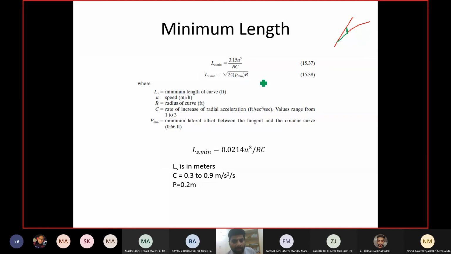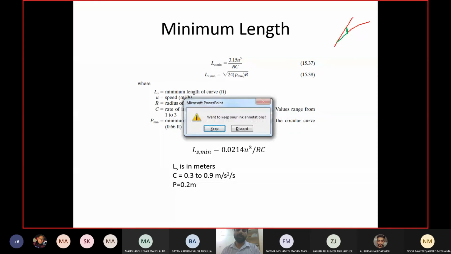Whenever you have two minimum criteria, you will pick the highest value to satisfy both of them. If you pick 100, you will not satisfy the other criterion, which requires a 150 meter length. So you pick 150 meters, and you satisfy both criteria. You calculate two values and pick the highest one, like we have done earlier.